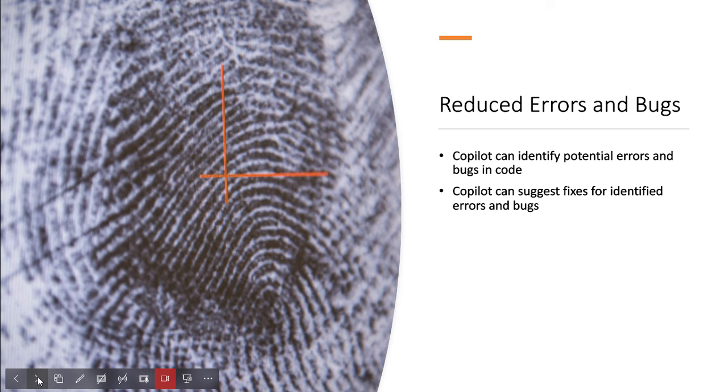So reduce errors and bugs. Copilot can identify potential errors and bugs in code, and Copilot can suggest fixes for identified errors and bugs. Copilot can identify potential errors and bugs in code, which can save developers time and effort by catching issues before they become bigger problems.